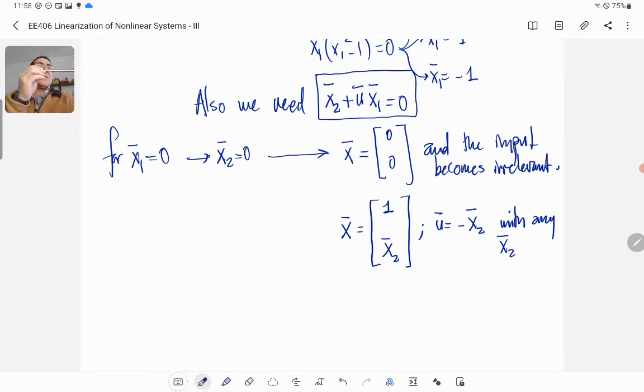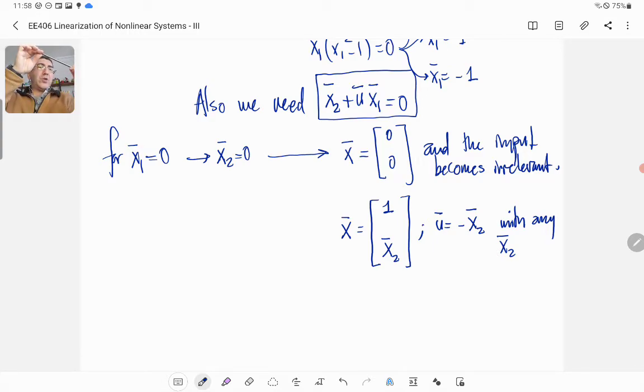You can generate an equilibrium point anywhere by just adjusting the DC voltage of the propeller. If you increase the DC offset of the propeller, you will generate an equilibrium point higher over here, maybe.